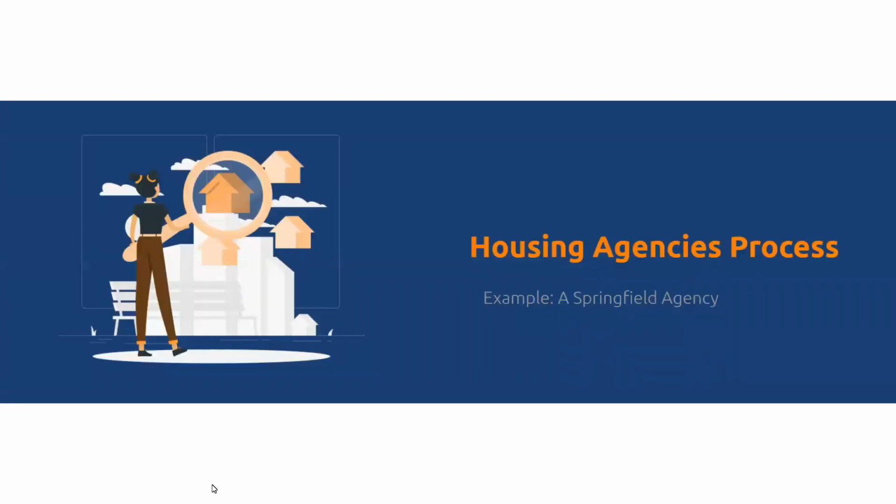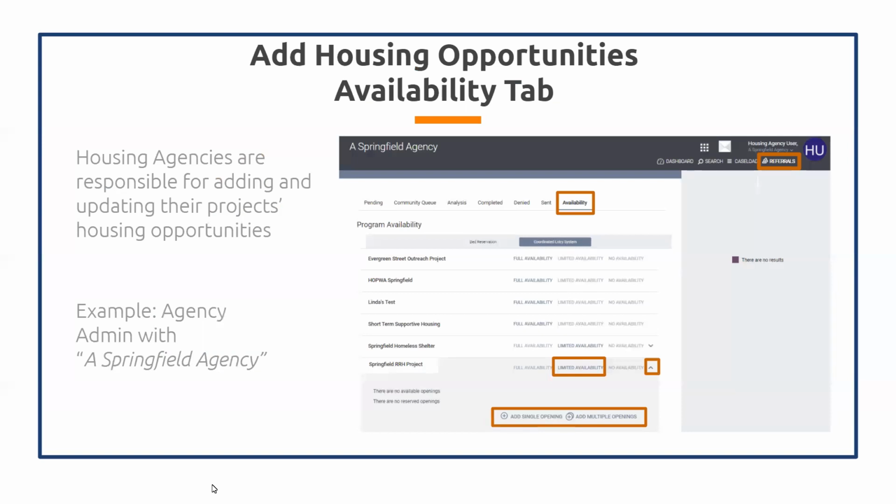Finally, we're going to review the process of the housing agencies in HMIS. Housing agencies offer housing opportunities and receive referrals to house those clients that are eligible in their projects. But in order to have an opportunity to match, the housing agency must first put in opportunities.